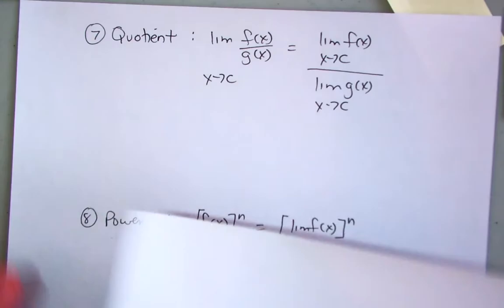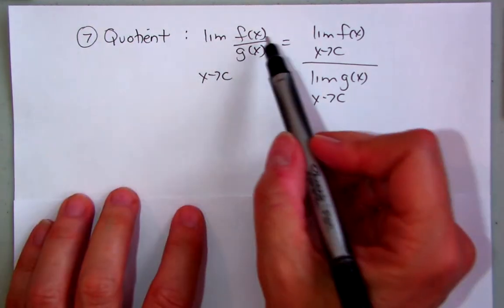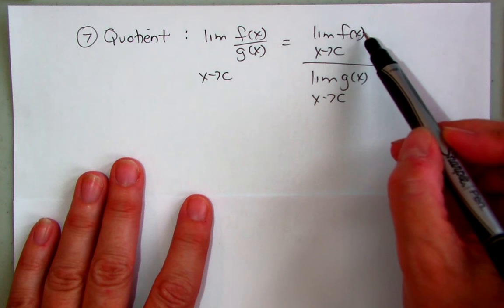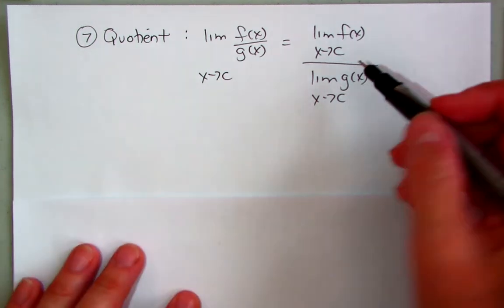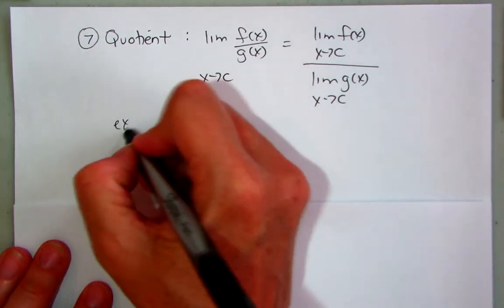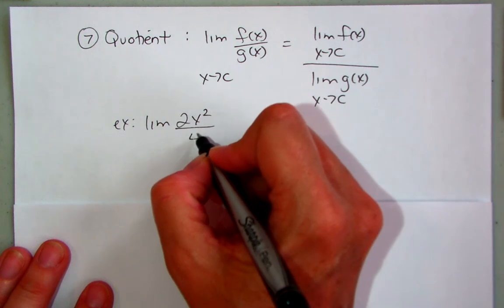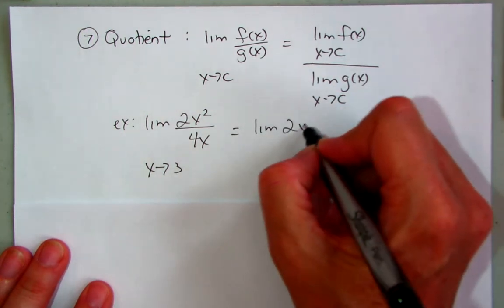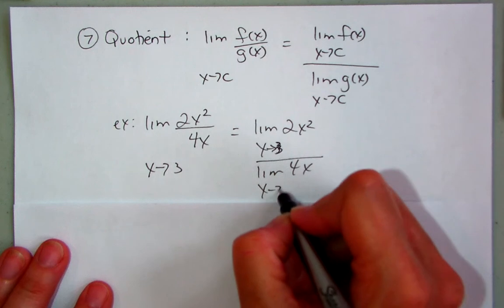Number 7, quotient. So the limit of one function divided by another function as x approaches c can be written as the limit of the numerator as x approaches c over the limit of the denominator's function as x approaches c. So let's see if we can find you an example for that one. The limit of 2x squared over 4x as x approaches 3 equals the same thing as the limit of 2x squared as x approaches 3 over the limit of 4x as x approaches 3.